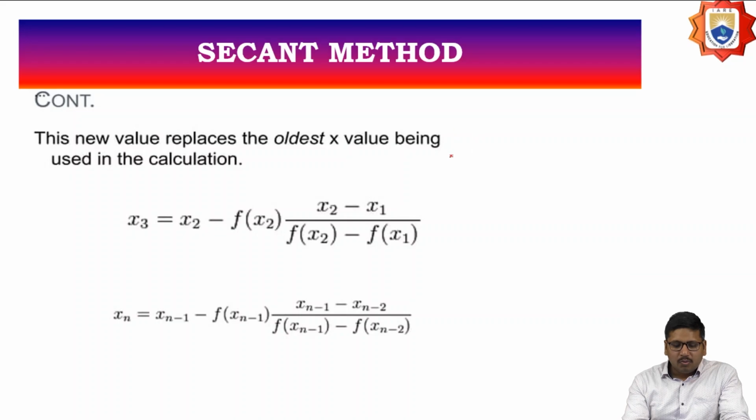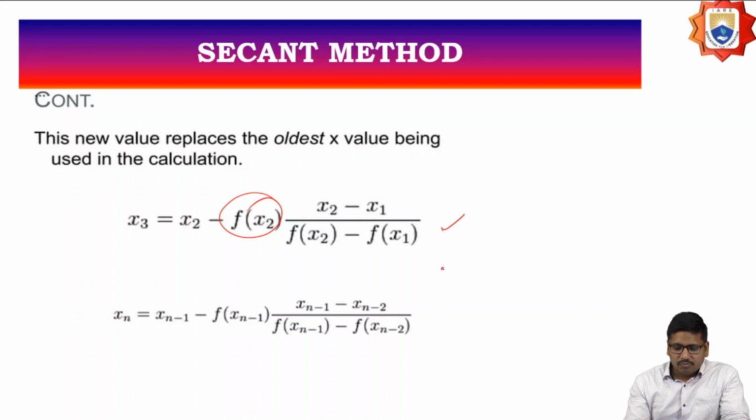The new value replaces the oldest value of x used in the calculation. So x3 = x2 - f(x2) * (x2 - x1) / (f(x2) - f(x1)).